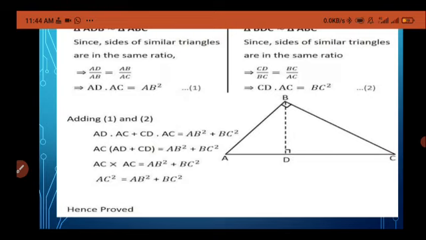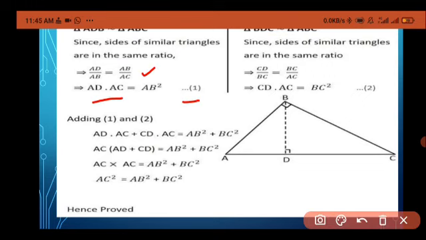Now if we add equation number 1 and equation number 2, we get AD into AC plus CD into AC equals AB square plus BC square. If AC is taken common, we get AC times (AD plus CD) equals AB square plus BC square.